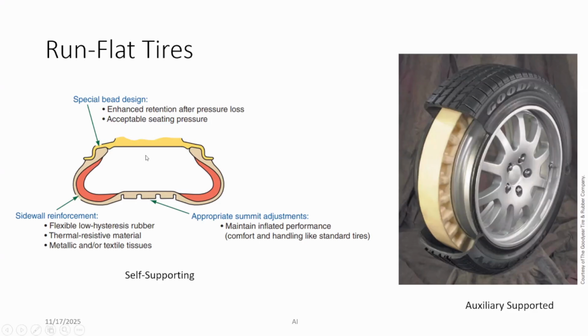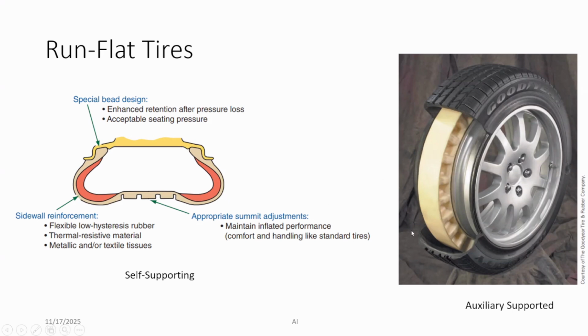As you can see in the figures, in the cross section, we have an additional structural member inside the tire, which is attached to the rim section, which can give us the support even if we don't have any pressure inside the tire, right?